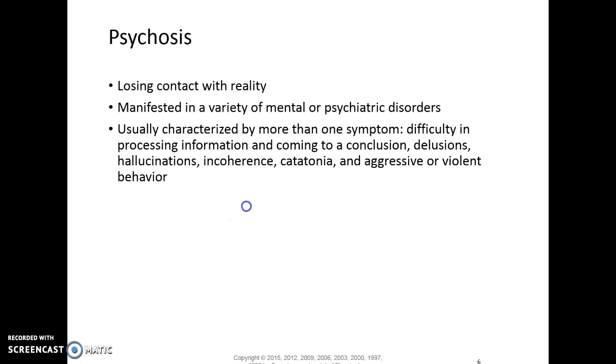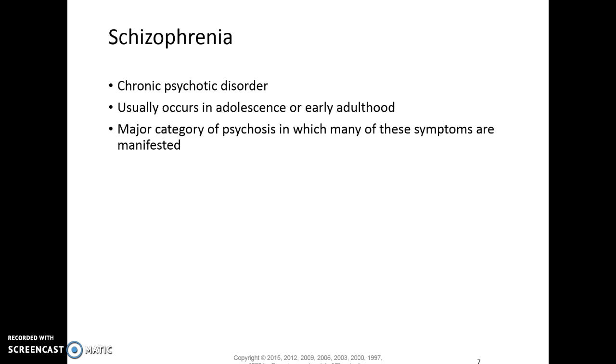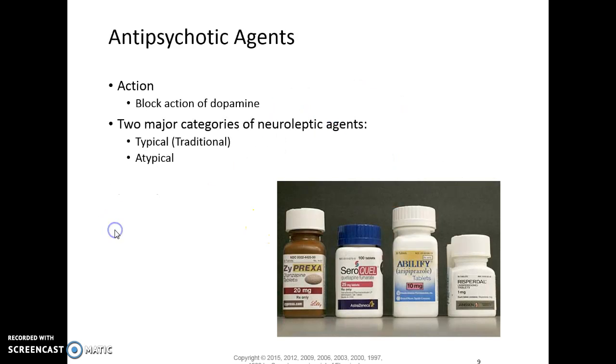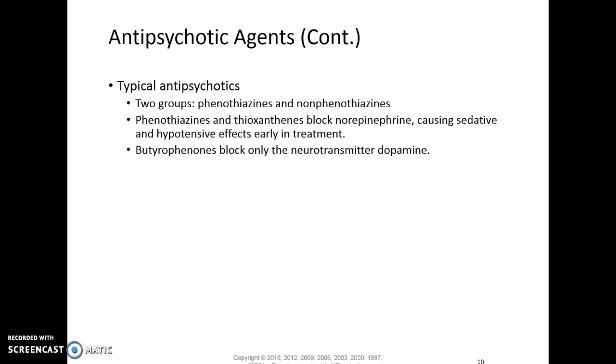We already went through this with the psychosis. We talked about schizophrenia, and I went through the positive and the negative symptoms. This little added thing is in here now for you. Antipsychotic agents, some are listed here. We just went through this. They're going to block the action of dopamine. You have the typical or atypical. Again, typical is the first generation, atypical is second and third generation.